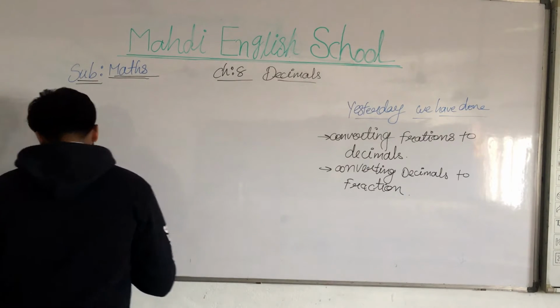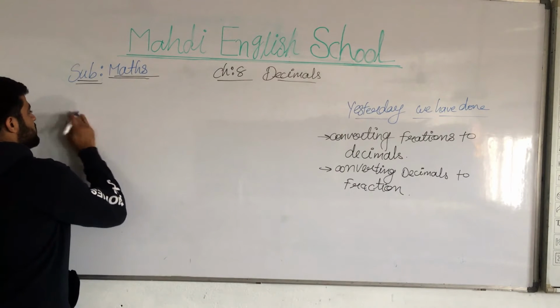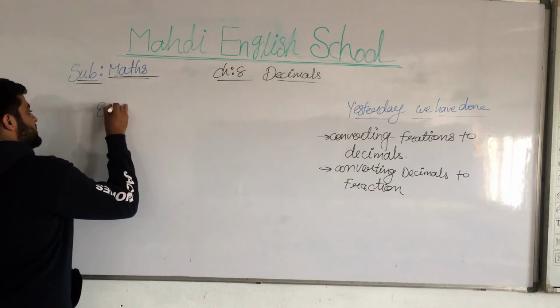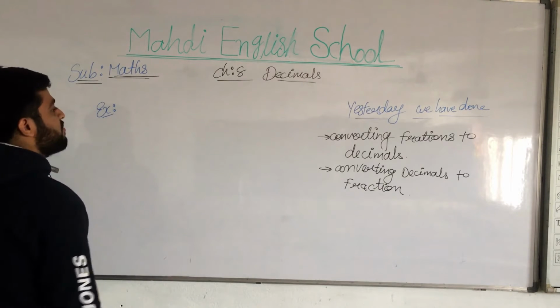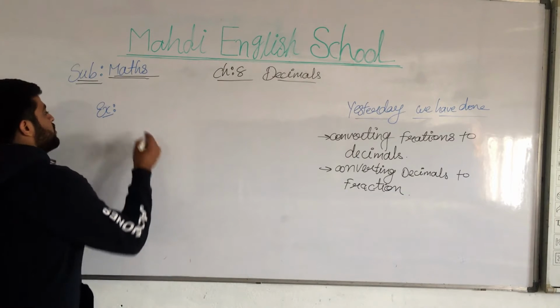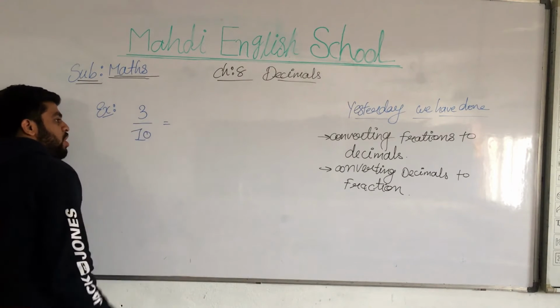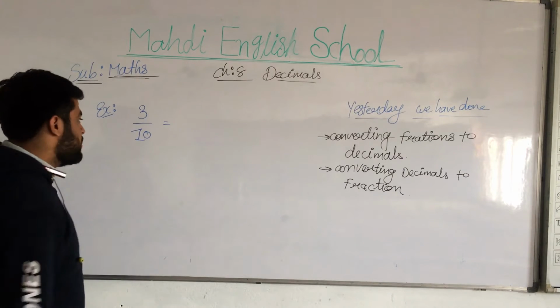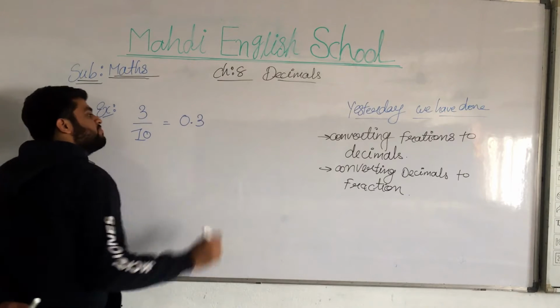Now we write the first example of converting a fraction to a decimal. Example: 3 upon 10. It is converted to 0.3.